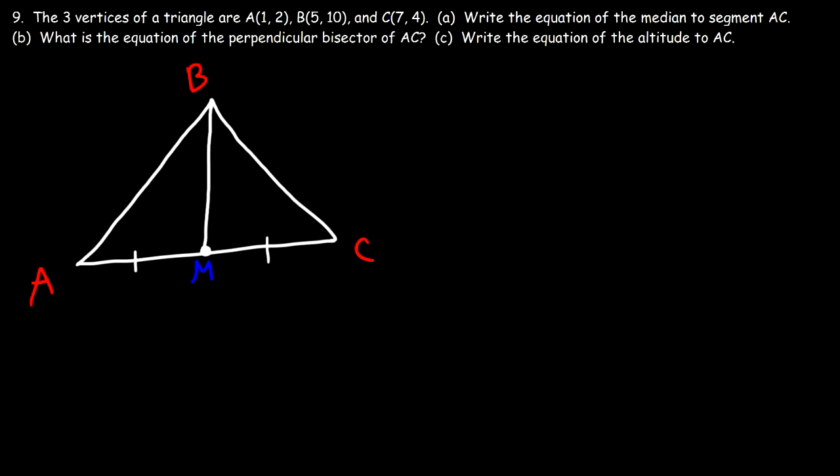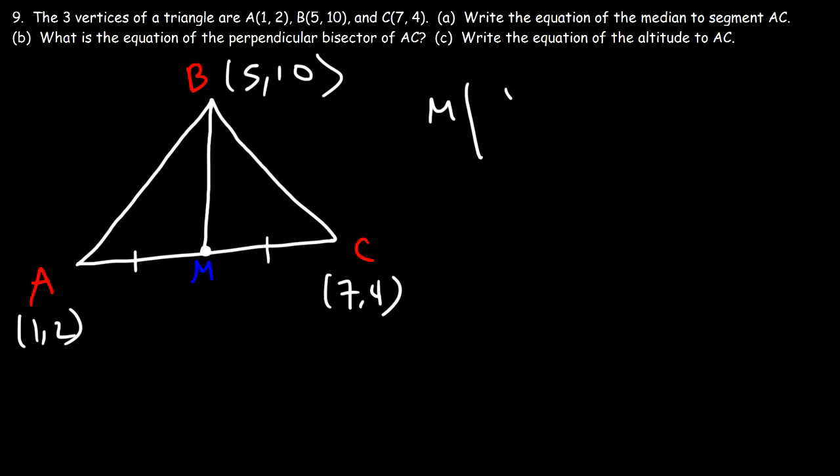To write the equation of any line, you either need the 2 points that are on the line or a point and a slope. We have point B, it's (5, 10), and we don't have the midpoint, but we can find the midpoint of AC using the midpoint formula. So the midpoint formula is (x1 plus x2) divided by 2, and then (y1 plus y2) divided by 2.